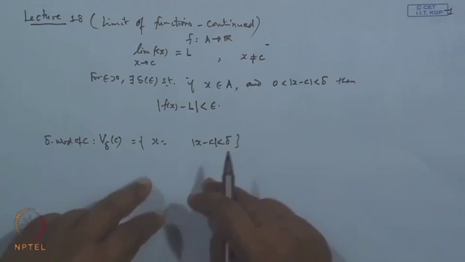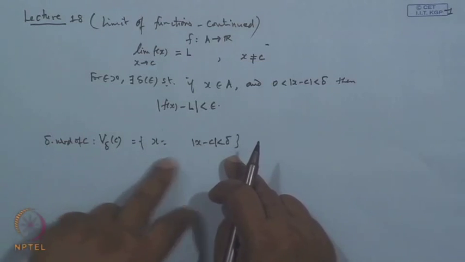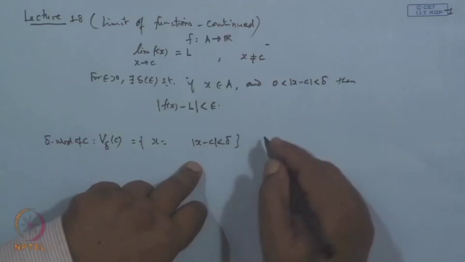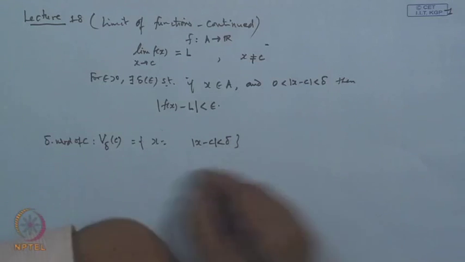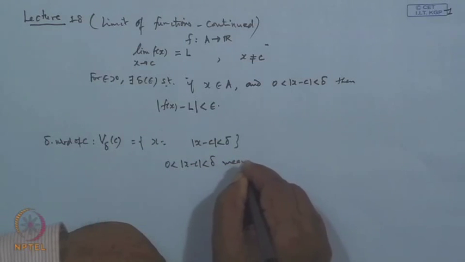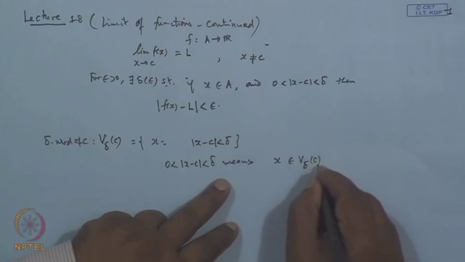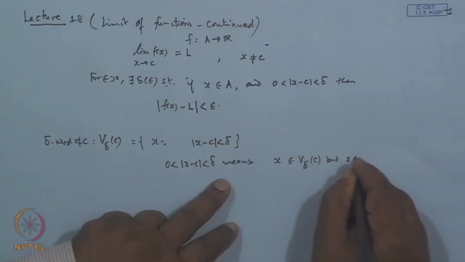Now, in this, if I remove c, then we say the point x is not equal to c. So, 0 is less than |x minus c| less than delta means x belongs to V delta(c), but x is not equal to c.